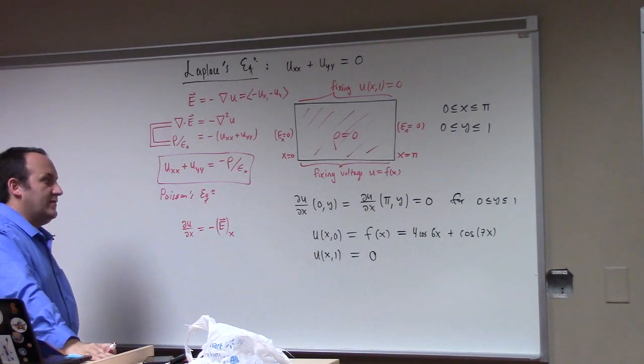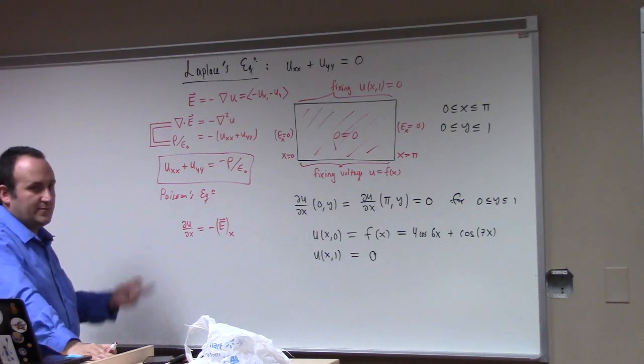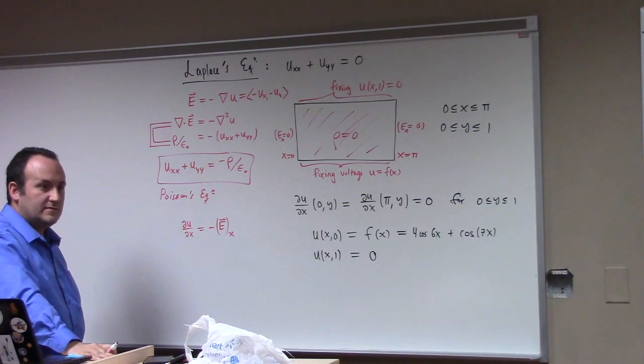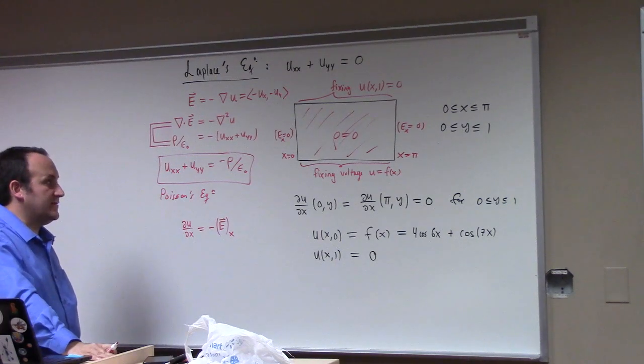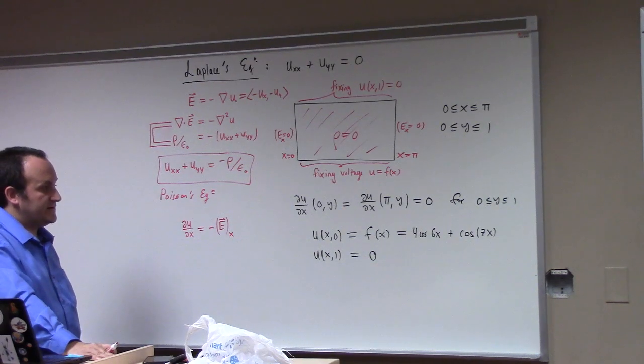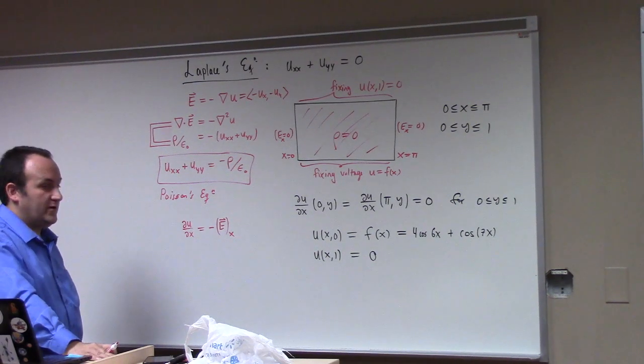You could arrange this through a particular experimental setup. So that's the setup, and the physical significance is that we're finding voltage as a function of position in the absence of charge. This is Laplace's equation. Okay, so how are we going to solve this?